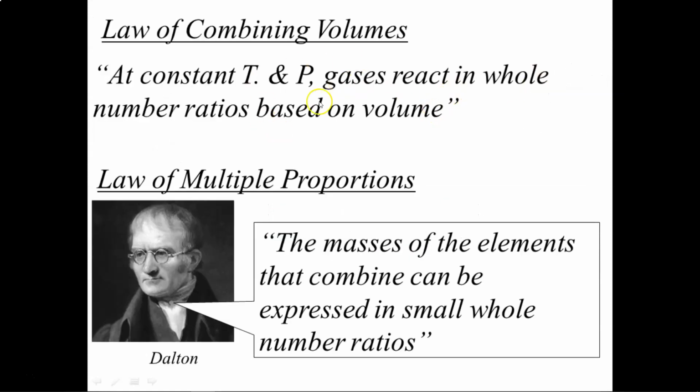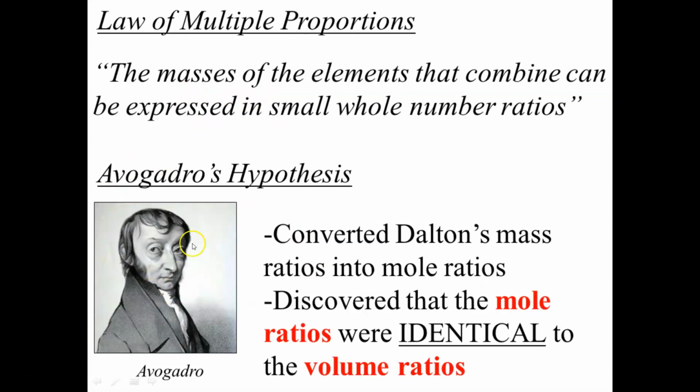With this discovery, John Dalton also noticed that the masses of the elements that combine can also be expressed in small whole number ratios. However, these ratios and these ratios did not match up, which is where Avogadro comes in. He converts Dalton's mass ratios into mole ratios, and now discovers that the mole ratios and the volume ratios are identical.